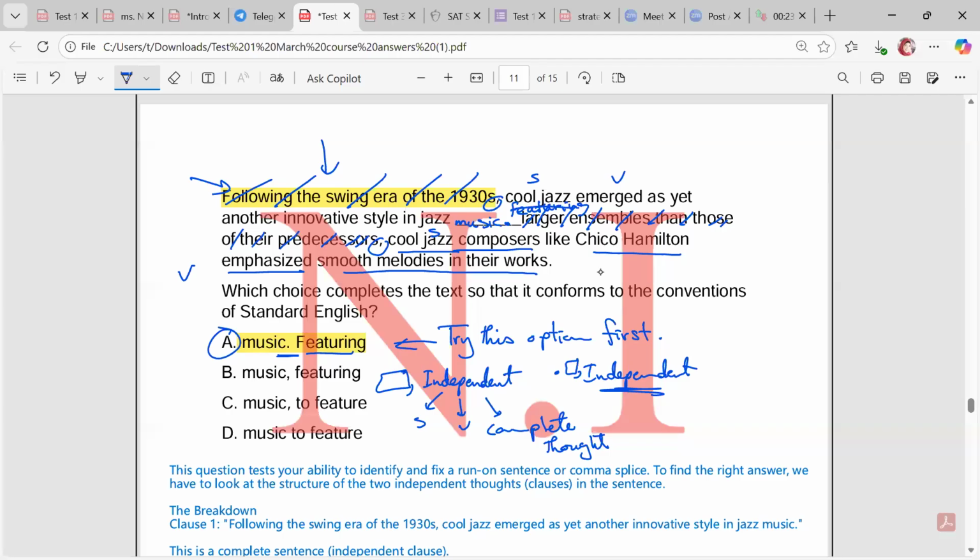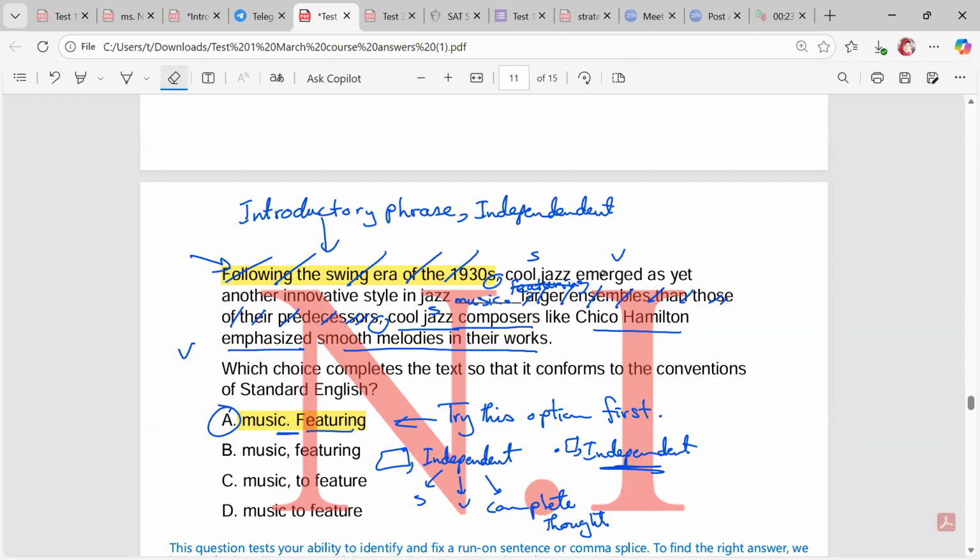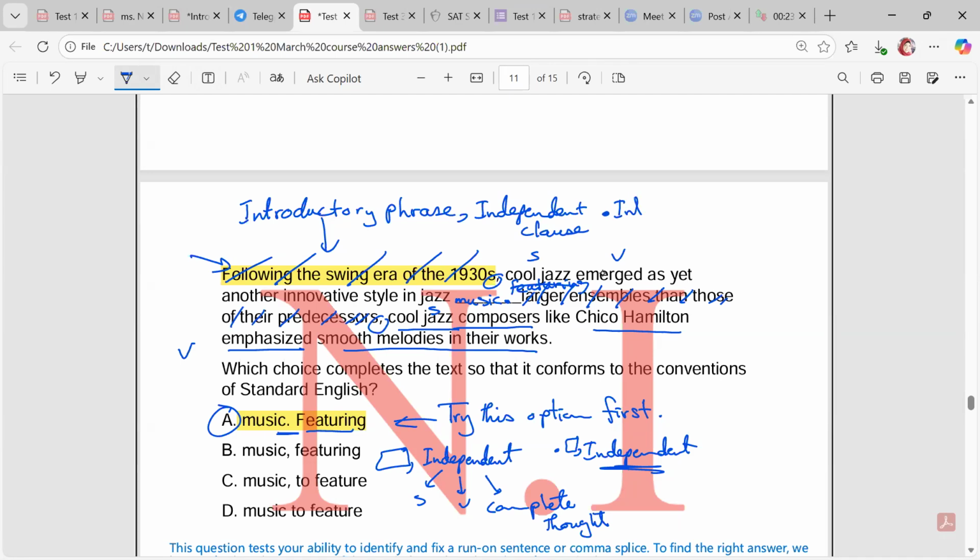Then it's okay. What is the structure now? Introductory phrase, then comma, independent clause, then period, another introductory phrase, comma, independent.